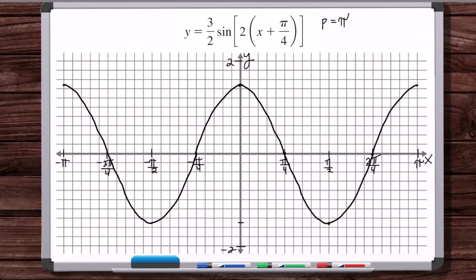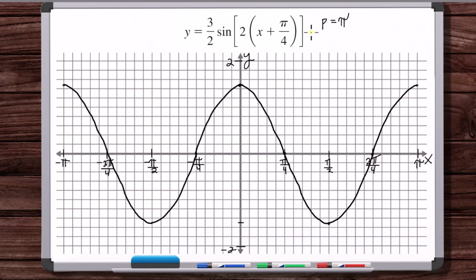And there we go. So what we've got here is the phase shift is pi over 4, but we've shifted the sine curve with amplitude 3/2 and period pi. The period has been shrunk by 2. Typically, if you shift sine with period 2 pi to the left pi over 2, you get cosine.